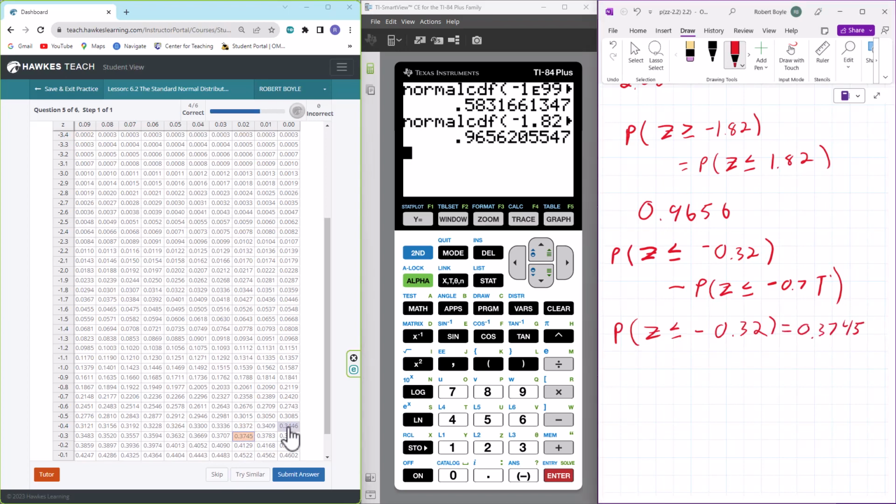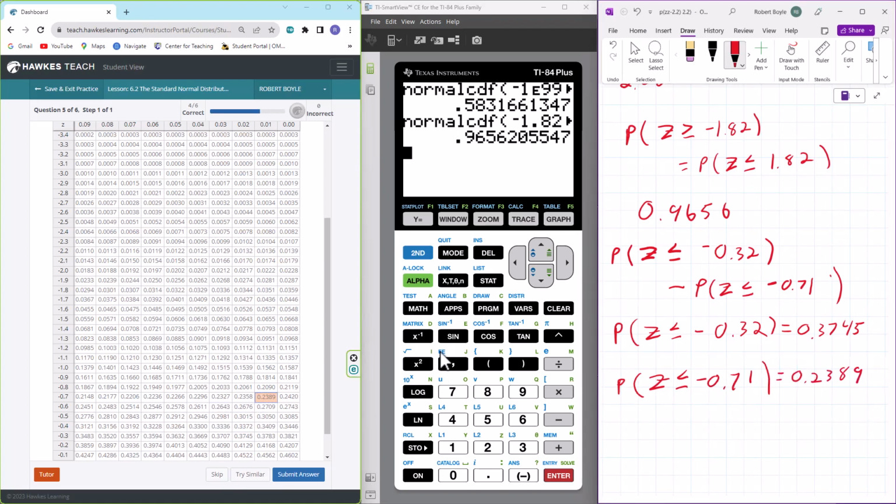All right. Now, the probability that z is less than or equal to negative 0.71. Well, to look that up, 0.7, there's 0.70, 0.71, 0.2389.